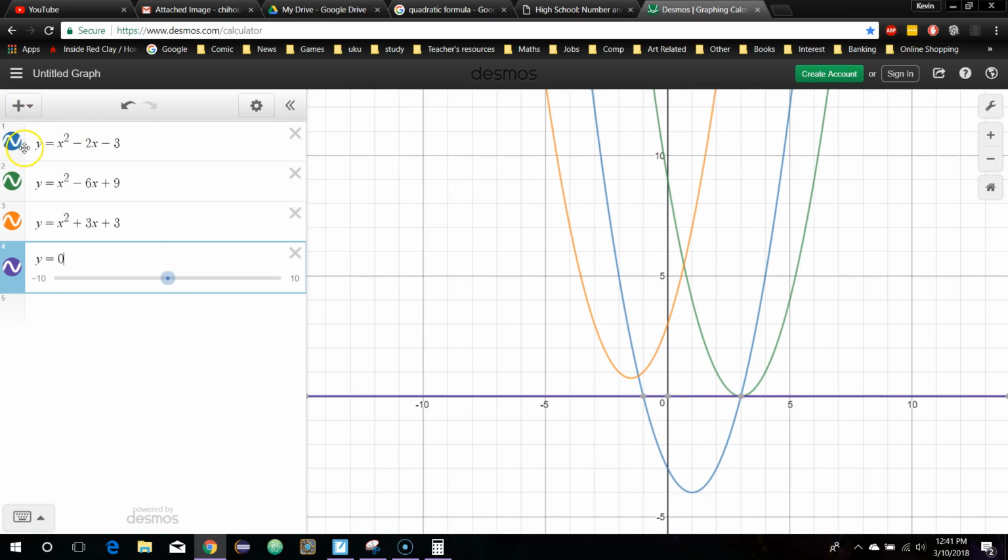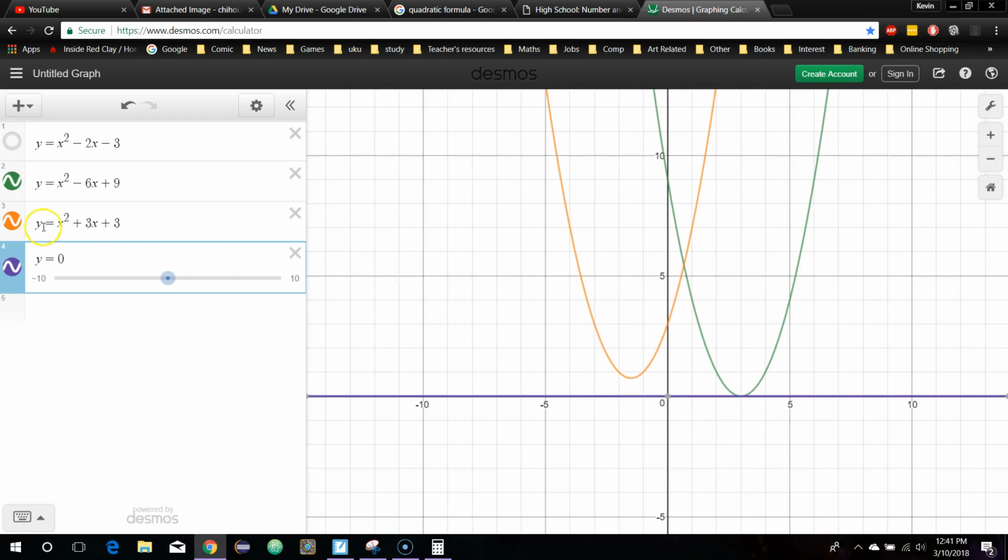So for the very first one, where we had 2 answers, pay attention to how many points we are going to intersect. 2. So that's why we have 2 answers. Because when my line x squared minus 2x minus 3 intersects my y is equal to 0, I will have 2 intersect points. Therefore, I have 2 answers.